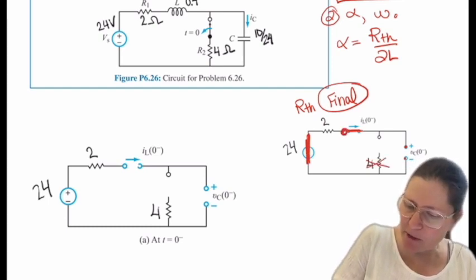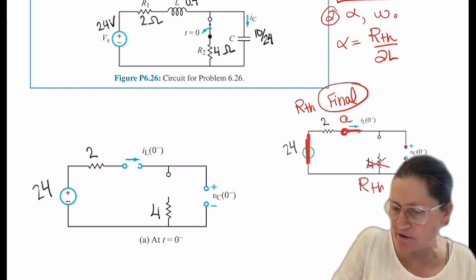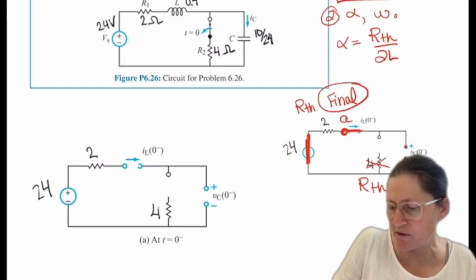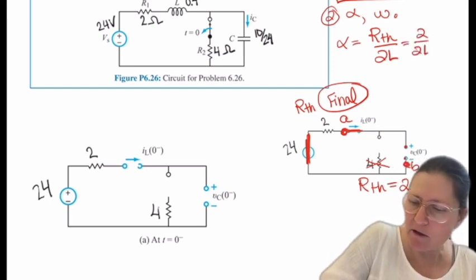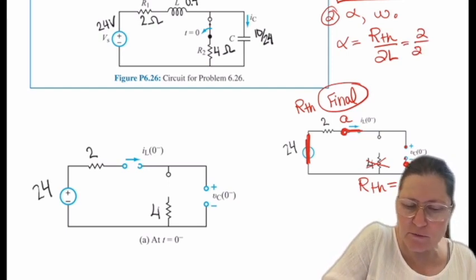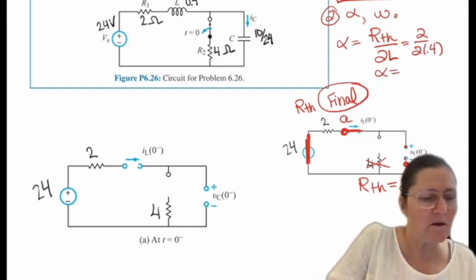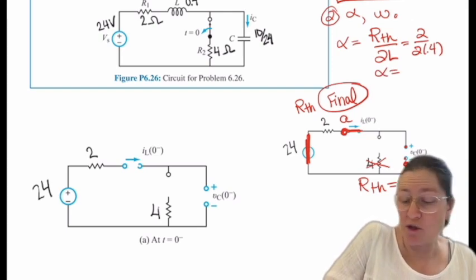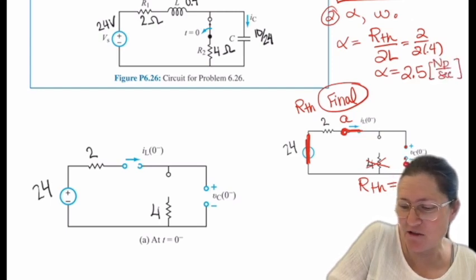Our pathway will be between A and B. So RTH is just 2 ohms. So 2 over 2L, and L is 0.4. So we get 2.5 units, meters per second. Good job.